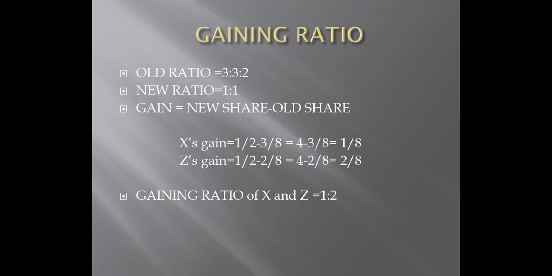They've taken LCM and this is basic math. Alright, so this way the gaining ratio of X and Z is 1 is to 2. So we have obtained the gaining ratio.